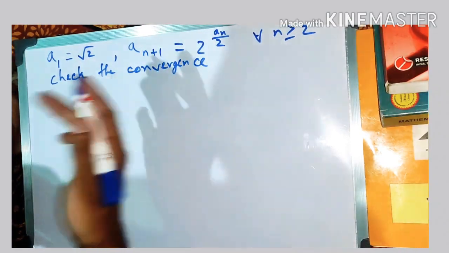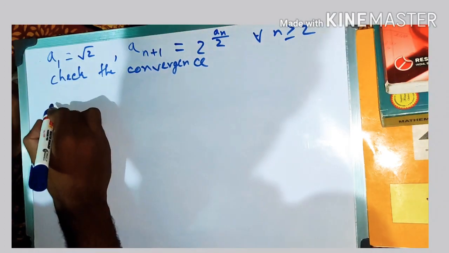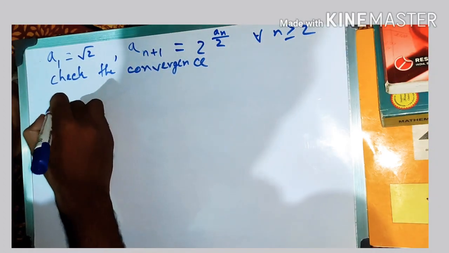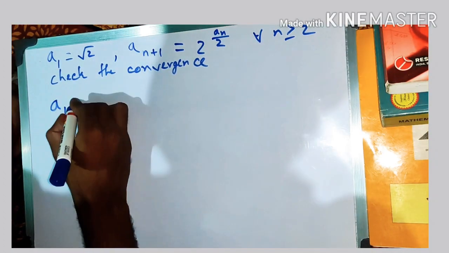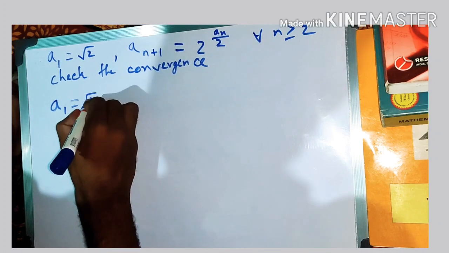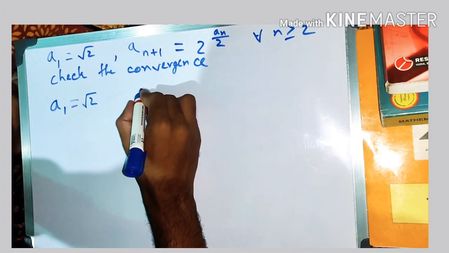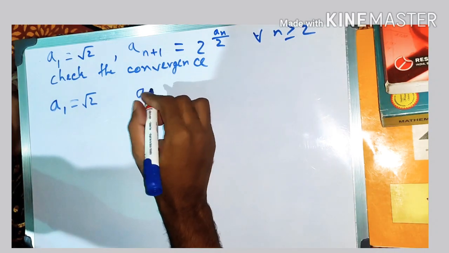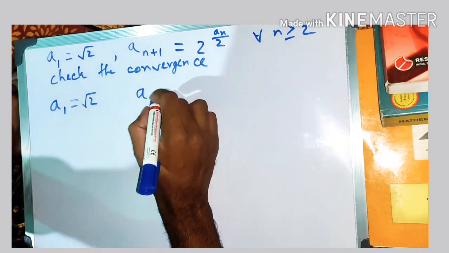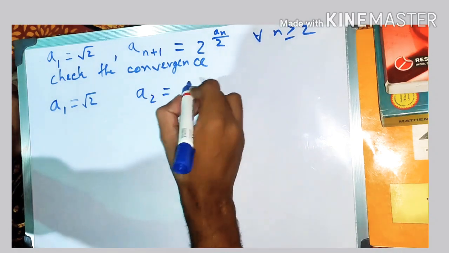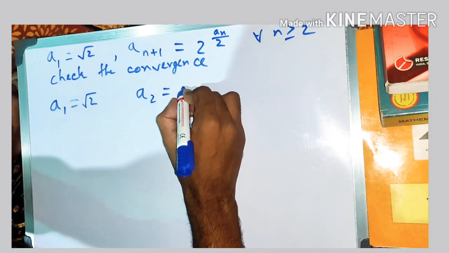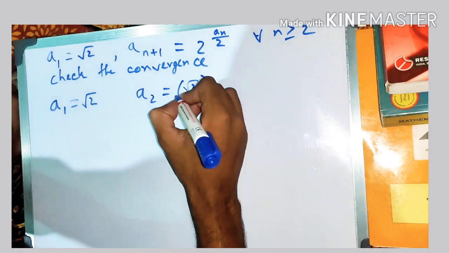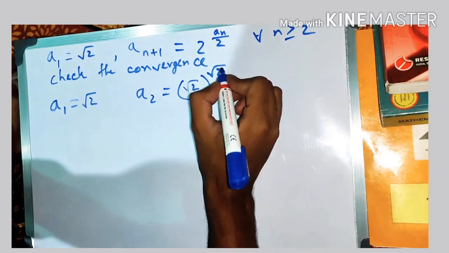We have a1 equals root 2 and a2 equals root 2 to the power root 2.